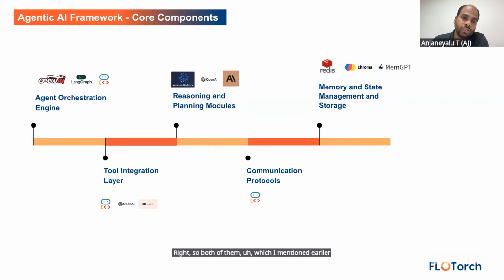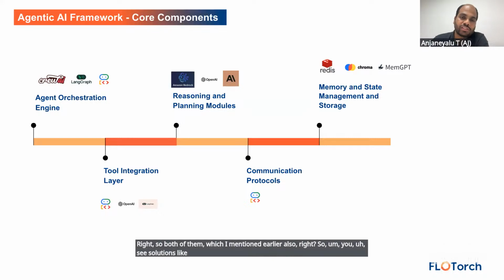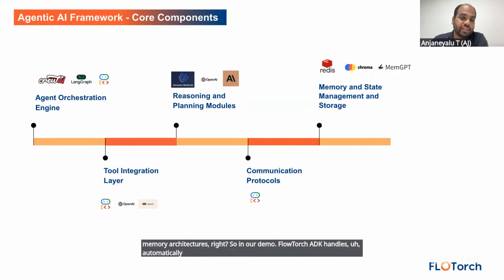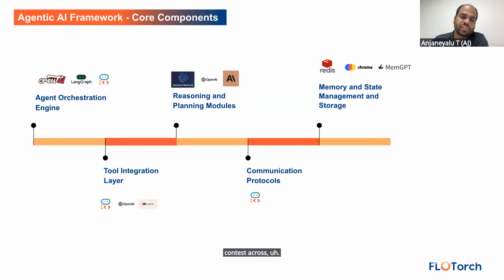You see solutions like Redis for fast access, ChromaDB for vector storage, or MemGPT for sophisticated memory architectures. In our demo, FloTorch ADK automatically maintains conversation context across multiple interactions, so we'll look into that too.